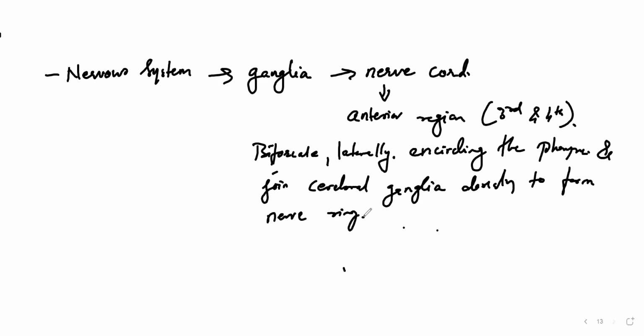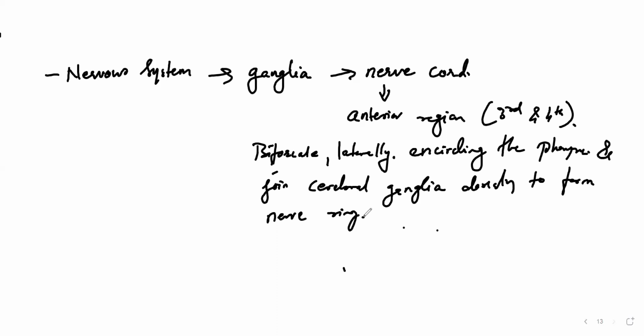So in short, there is a nerve cord present in the anterior region of the third and fourth segment. It bifurcates into two laterally, surrounds the pharynx, and joins the cerebral ganglia on the dorsal side. Then it forms a structure called a nerve ring.